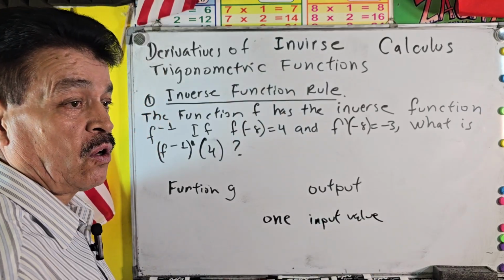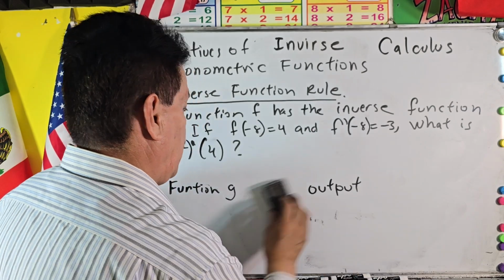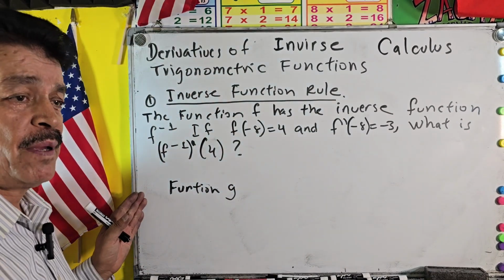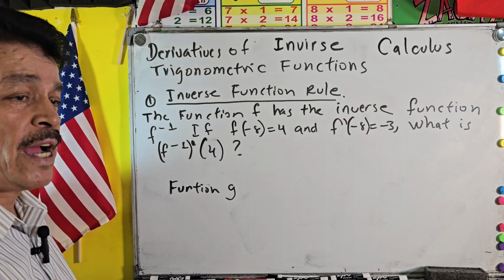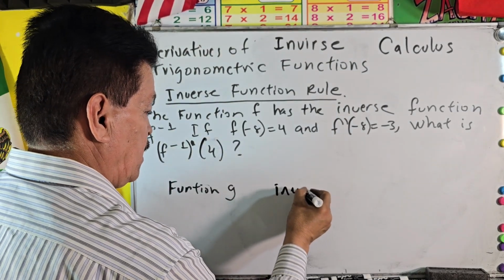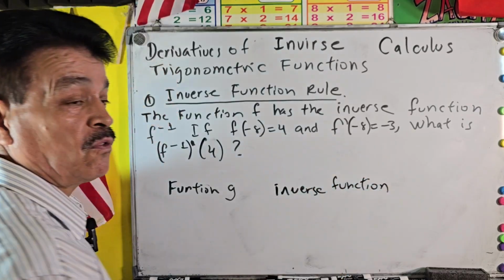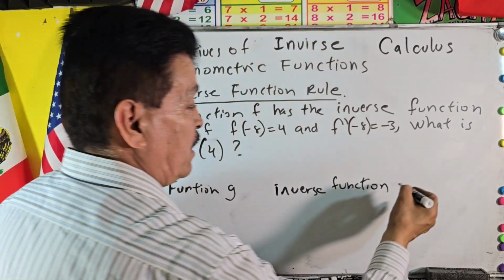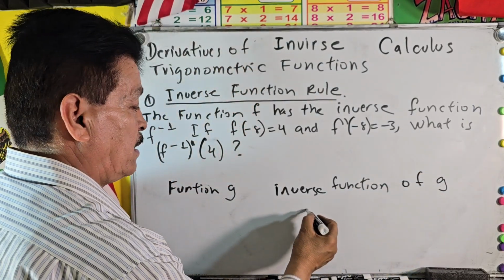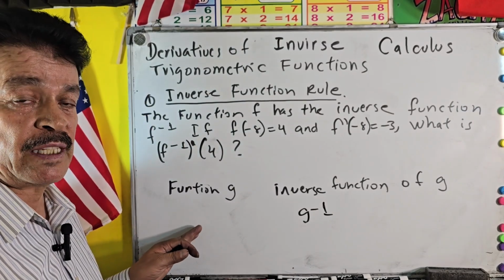The inverse function of g is written in this way: g to the -1. So this is what we have to remember.